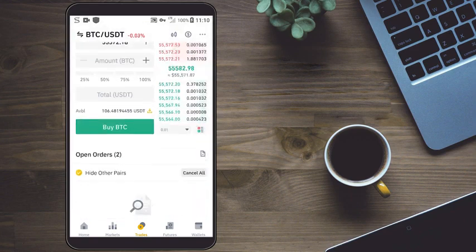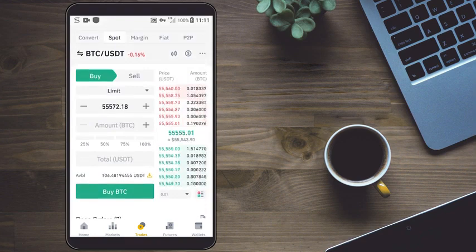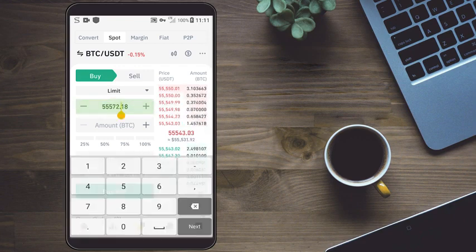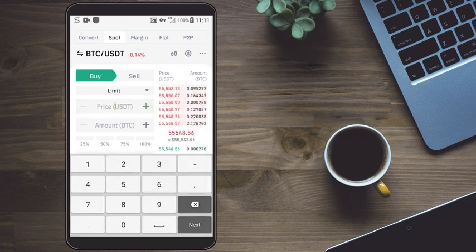Yes, it's canceled. Pay attention that a limit buy order is for buying below the current price of the market, and the limit price must be set below the current price of the market. If you set the limit price in a buy limit order higher than the current price of the market, your order will be executed instantly, because in this case, the current price of the market is considered a better price than your limit price. For example, I set the price to 60,000.